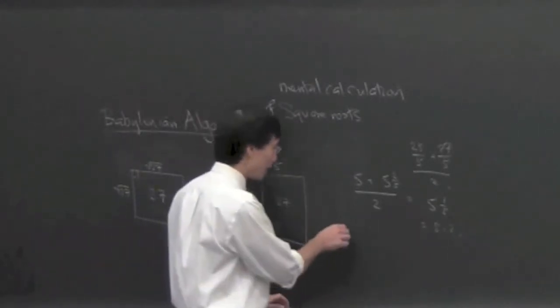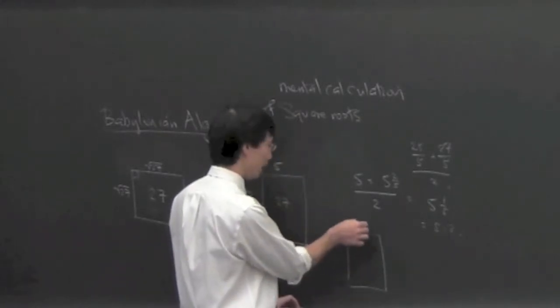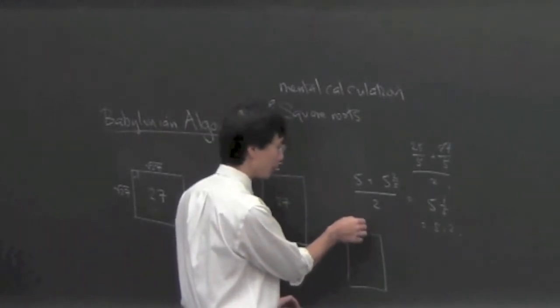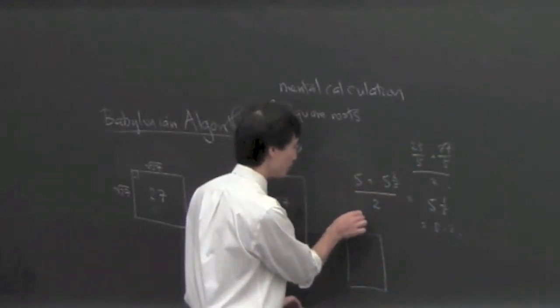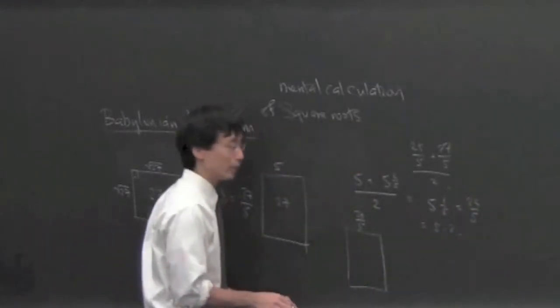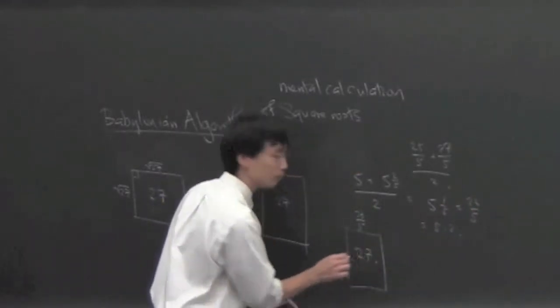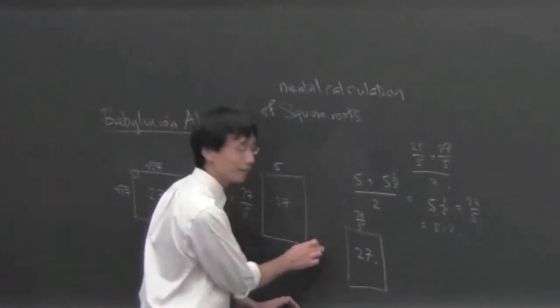And then you can actually keep on going. You can say, okay, now I'm going to make another guess. The second guess is going to be this 26 fifths, and this is 27. So what's the length of this side?